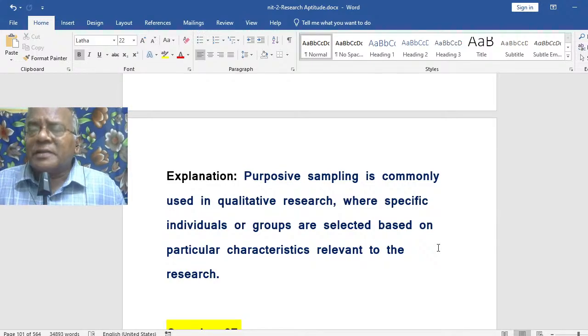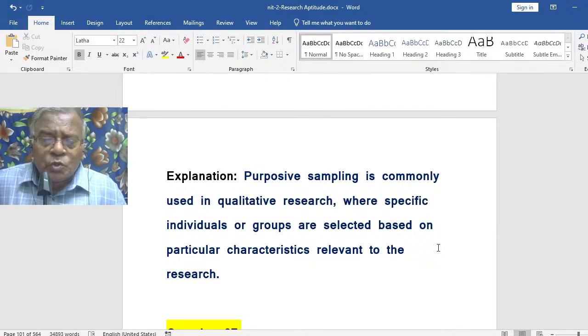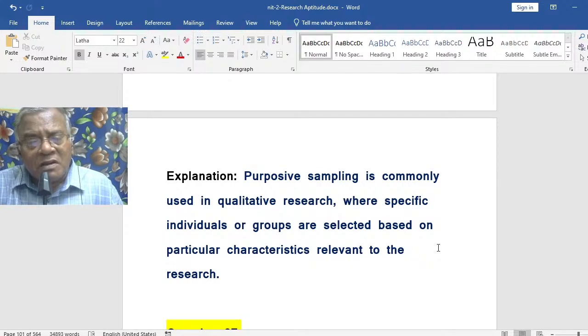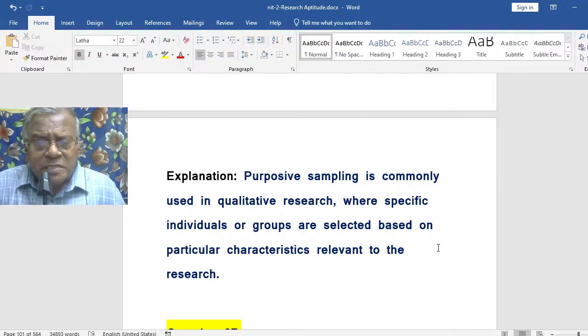Because it will normally be small. The sample size will be very small in qualitative research because they are very interesting and very difficult things the researcher wants to study. So he will be choosing samples according to the aims of his research. So purposive sampling is commonly used in qualitative research.